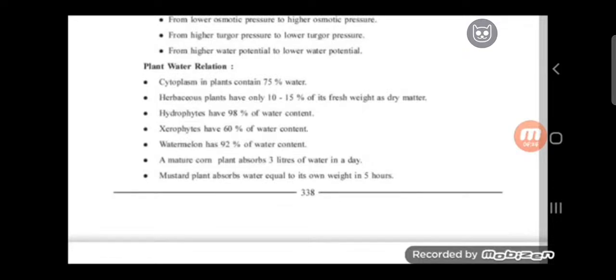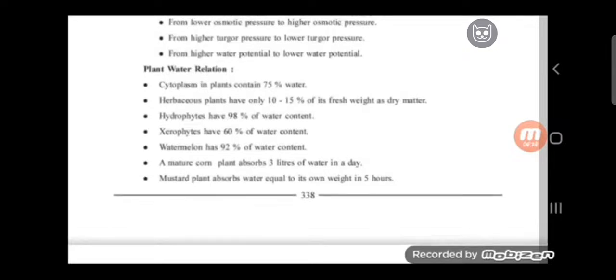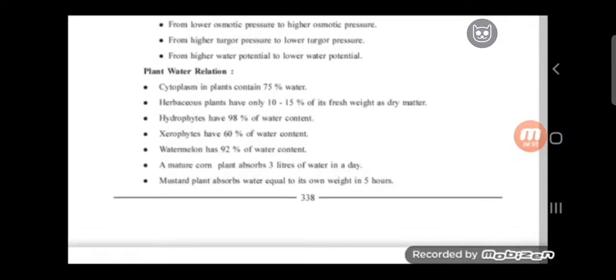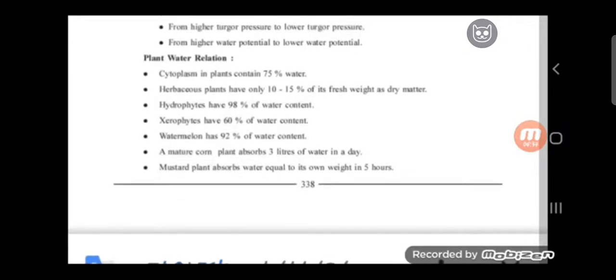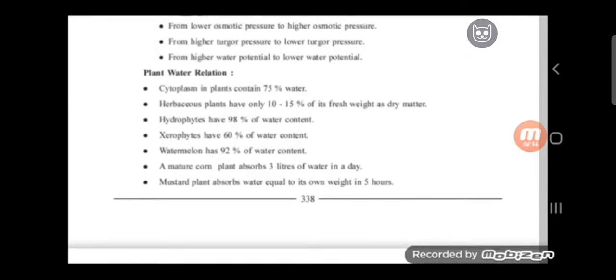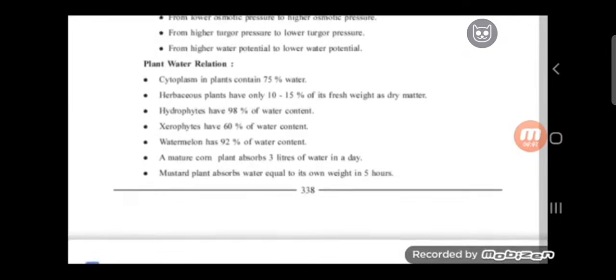Xerophytes have 60% water content. Watermelon has 92% water content, and a mature corn plant absorbs 3 liters of water daily. A mustard plant absorbs water equal to its own weight in 5 hours.